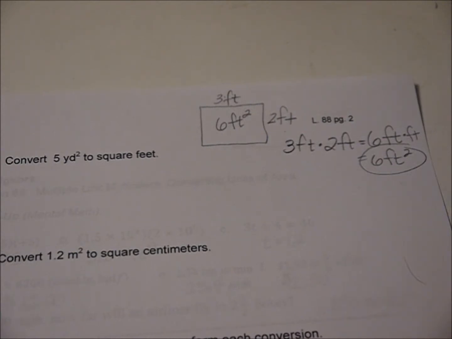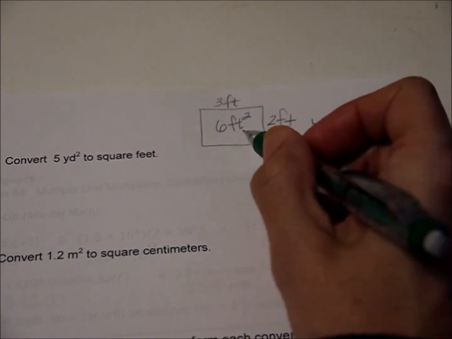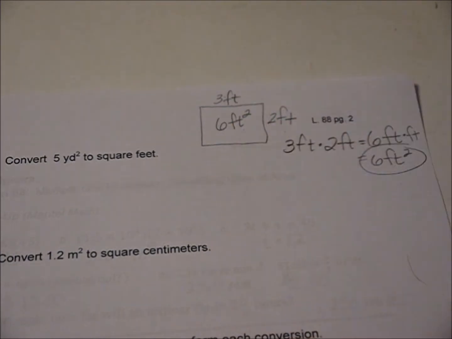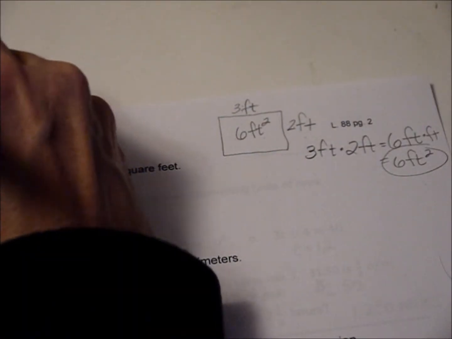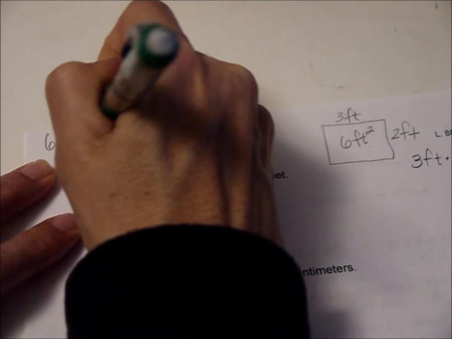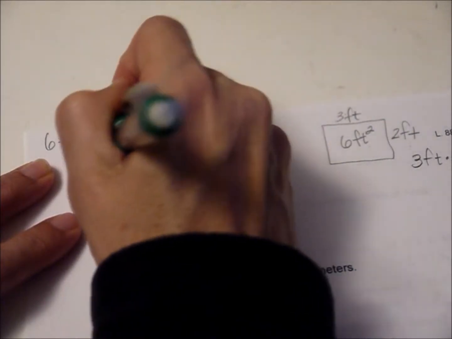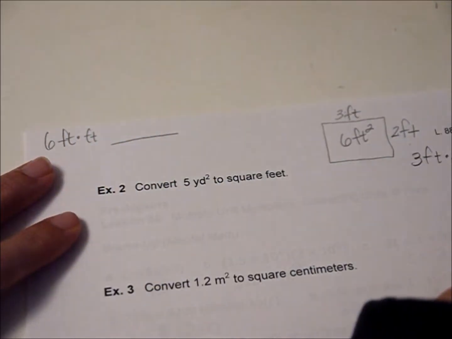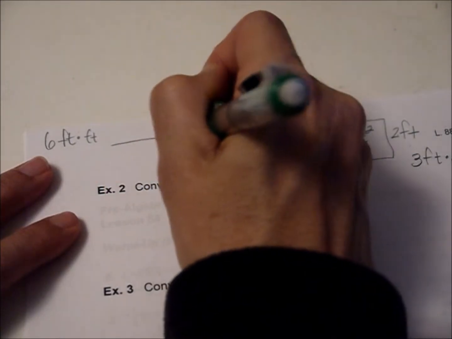Okay, so if we want to convert feet squared, we want to get this in inches, okay? So we want to convert 6 feet squared, I'm going to do it up here, 6 feet, okay, squared. So I'm going to do feet times feet, and we want to convert it to inches squared. That means we're going to need to use 2 unit multipliers, 1 for each foot.